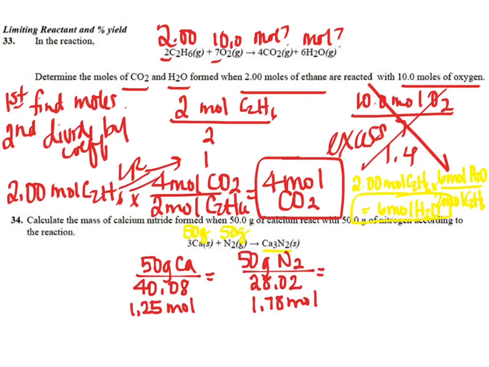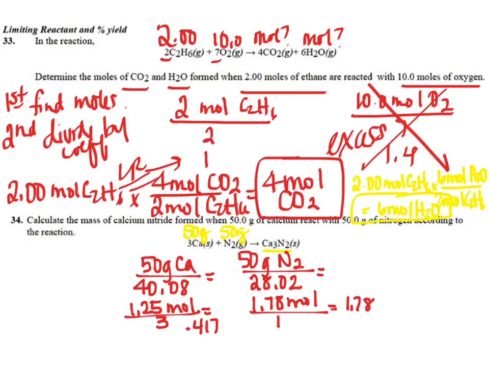So our first step says find the moles. That's what we've done. Next, divide by the coefficient. The coefficient in front of calcium is 3, and that gives me 0.417. The coefficient in front of nitrogen is 1, and that gives me 1.78.